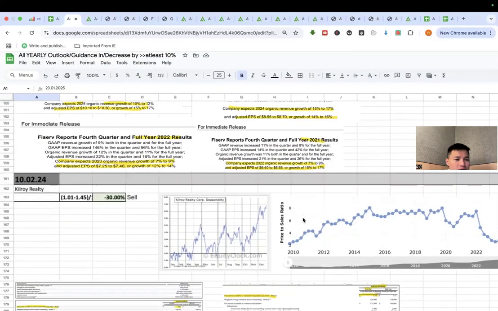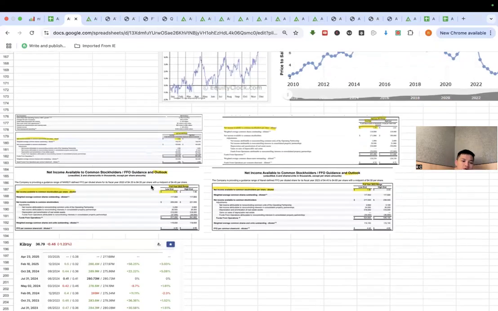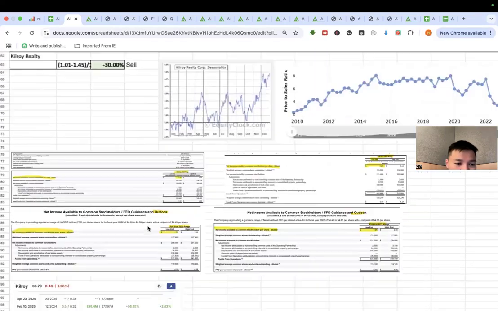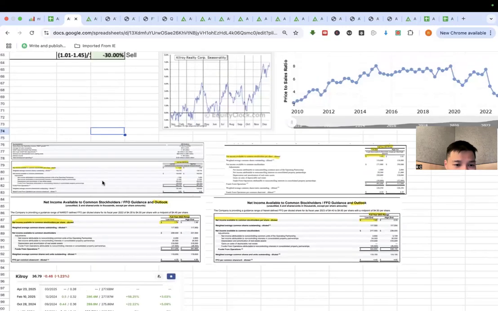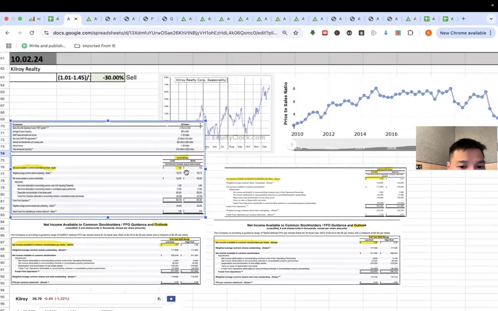So good. This is Kilroy Realty, 30% drop. Okay, let's have a look. I mean, you're also doing really well. You're doing so well, actually. I'm going to go into detail for this for you right now. Okay, so let's see. 1.01. I love this.